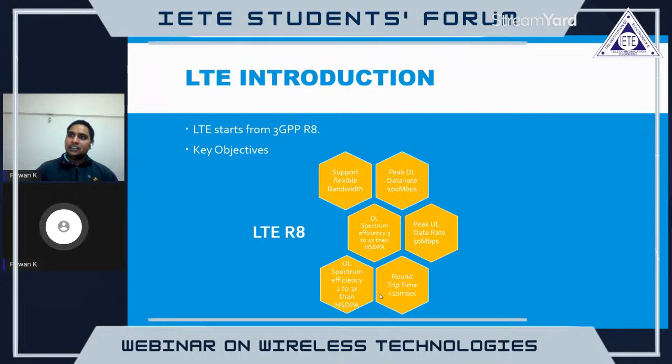Here we can see the downlink data rate is 100 Mbps, and the uplink data rate is lesser, 50 Mbps. Anyone can ask why the uplink data rate is less than the downlink data rate.